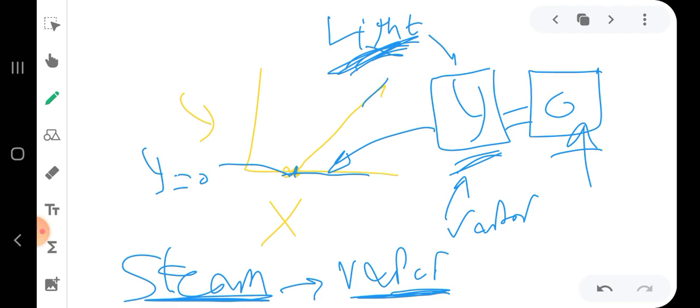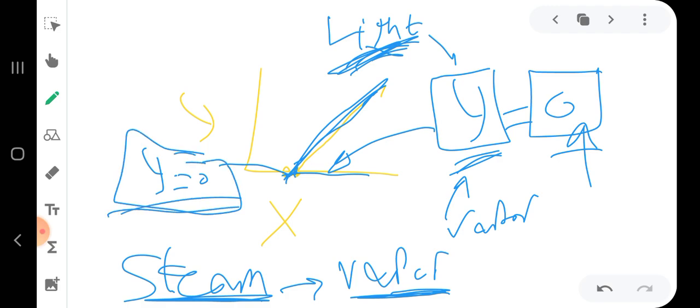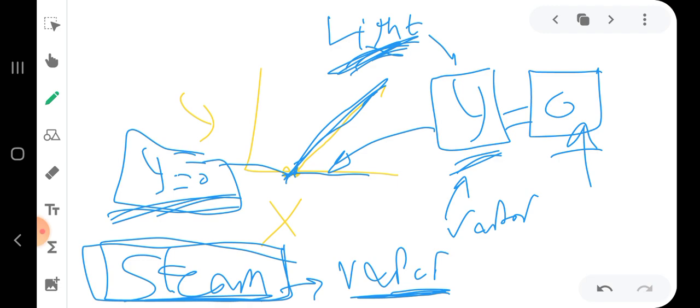That's why we hit the x-axis, to achieve this condition where y equals 0. So we don't have any light component in this hot steam introduced at the bottom of the column. Okay, so this is the reason for doing such a thing. Okay, and so that's it.